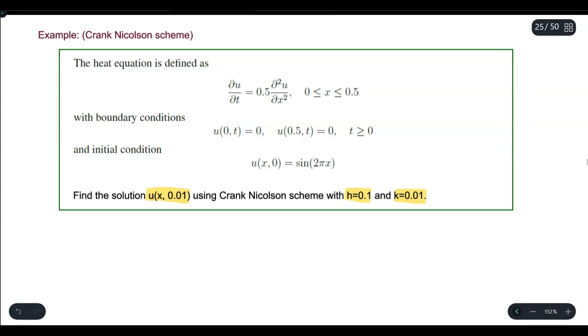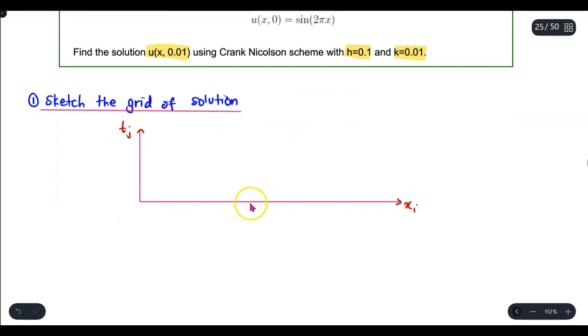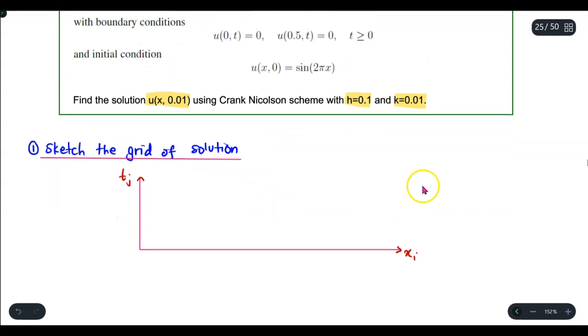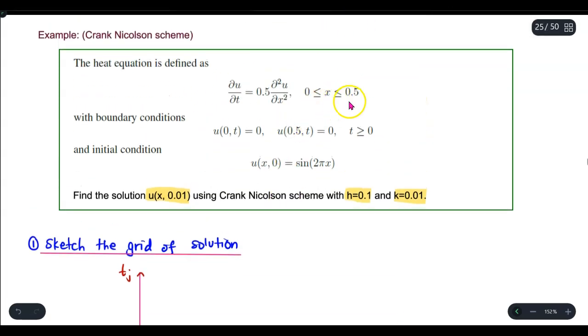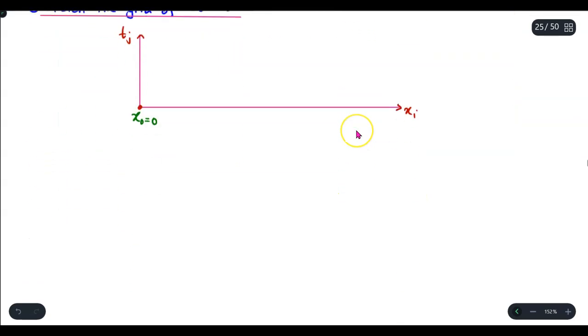We start our working process by sketching the grid of solution. On the x-axis we start with x0, which is 0. You have your x from 0 to 0.5, and the increment of x is 0.1.